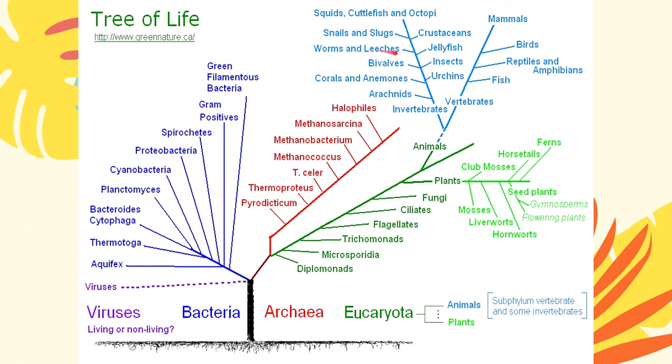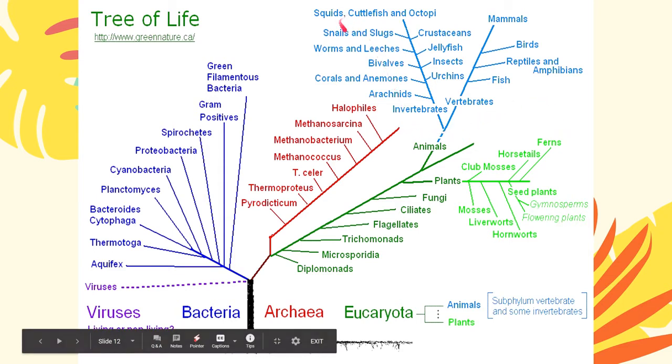So the tree of life tells us that organisms can trace back their similar ancestors from each other, and that allows our taxonomists and scientists to group organisms based on their common ancestors. So these are the major groups of organisms. So we have here your bacteria, archaebacteria, eukaryotes, all these three major groups.